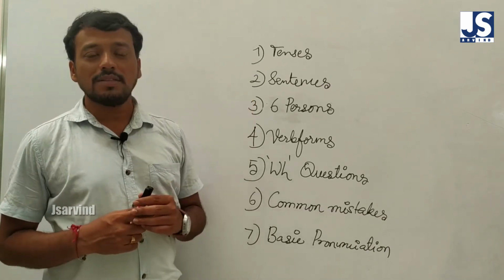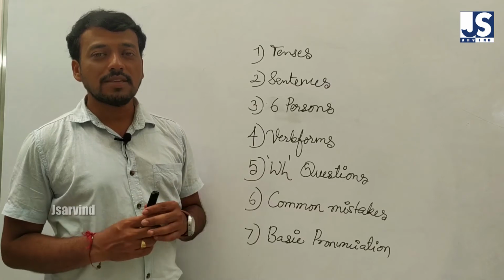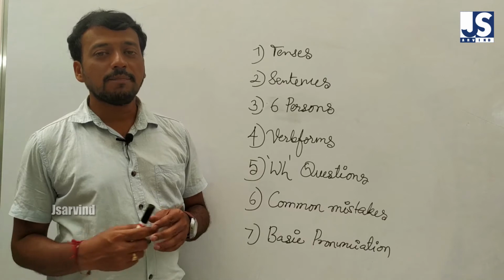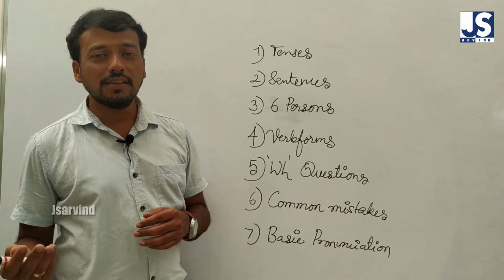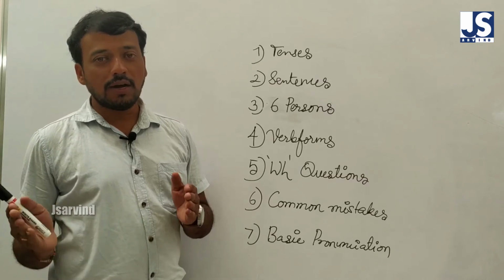The next one, we have 4 sentences. That means the conversation happens in two ways: if you are going to ask anything, and if you are going to give information to anybody. If you are going to give answers, there are 2 ways, yes or no: affirmative and negative.